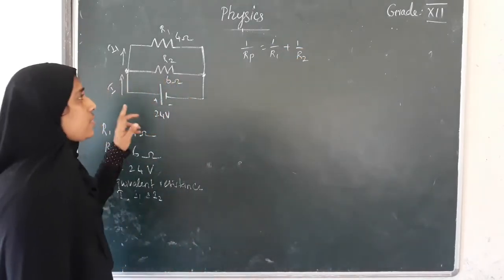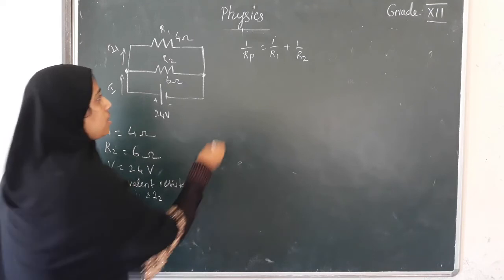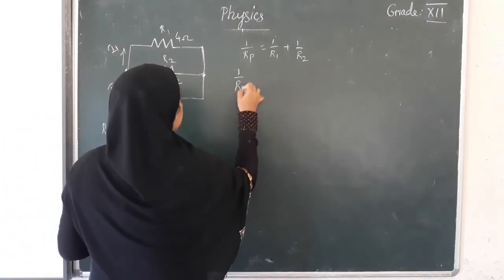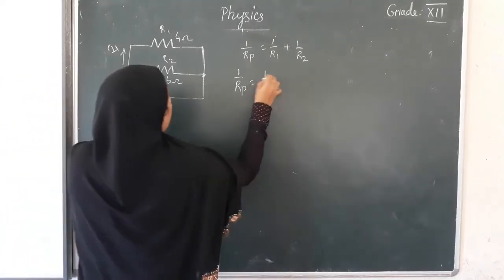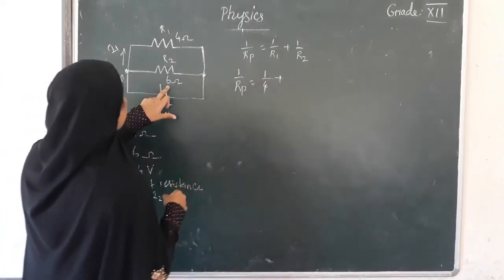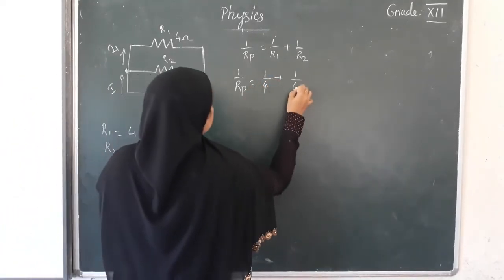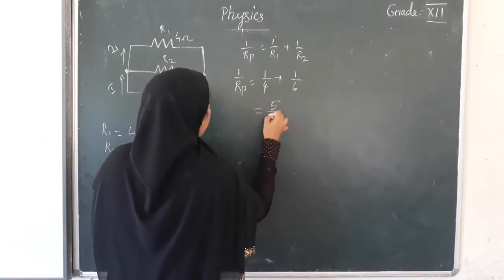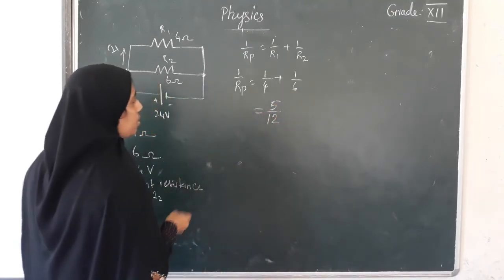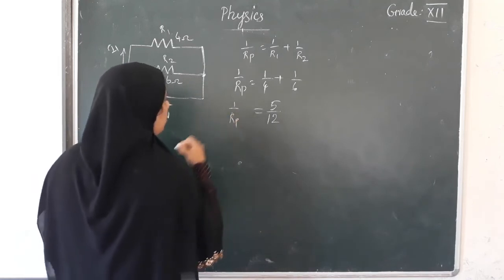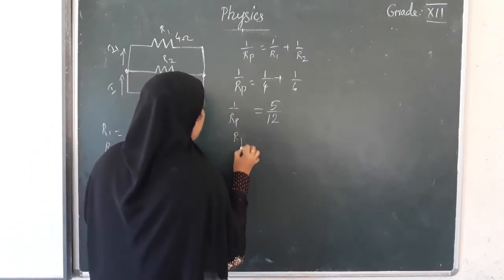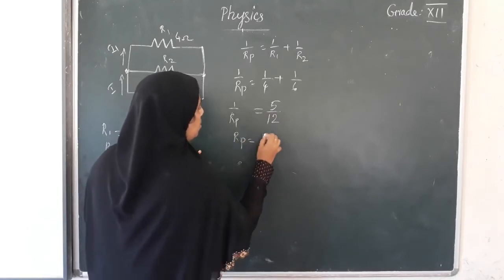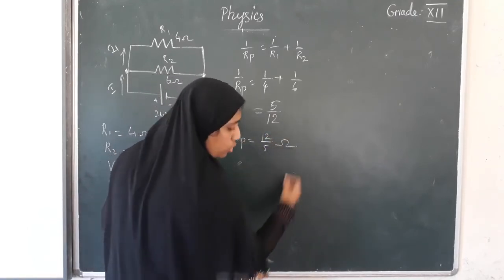So 1 by Rp is equal to 1 by 4 plus 1 by 6. So the answer is 5 by 12. This is 1 by Rp. While doing the problem, we have to take the Rp value. So Rp is equal to 12 by 5 ohm.